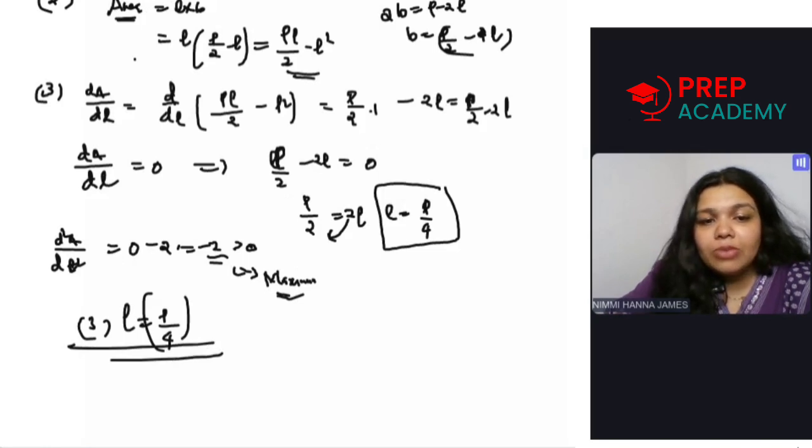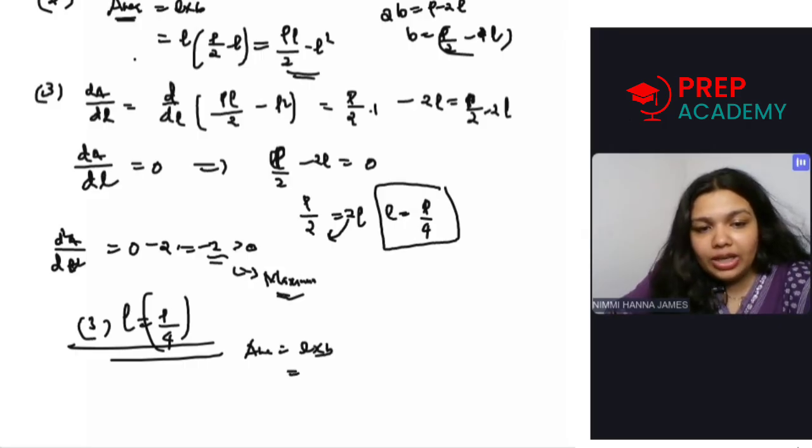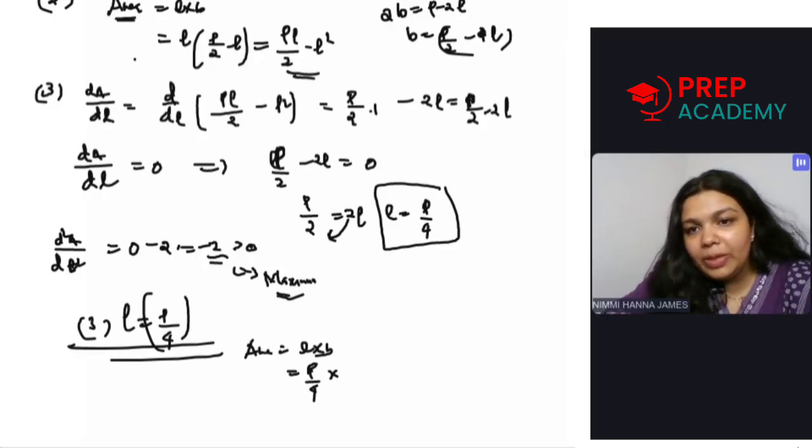And the fourth question: find the maximum area of the auditorium floor in terms of P. So what was the area? Area is equal to L into B, and now we have L is equal to P by 4 and B is equal to P by 2 minus L, which we have already written from here.